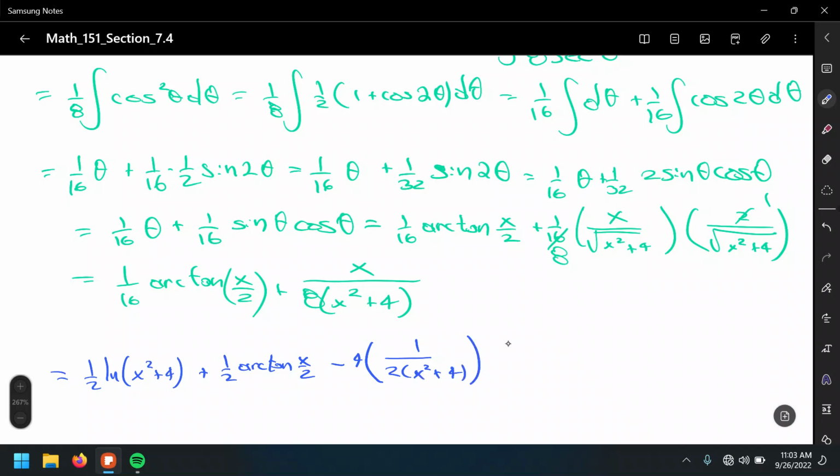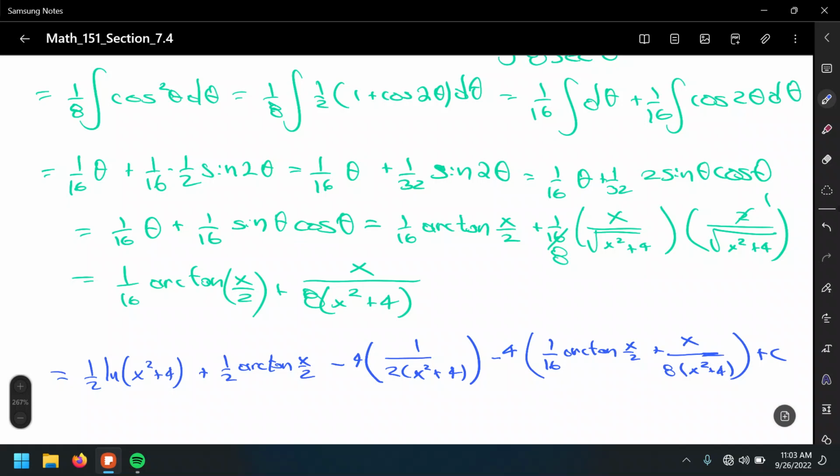And finally, -4 times the result of what we got for the last integral, the one where we used a trigonometric substitution, which is these two terms right here. So 1/16 arctan of x over 2 plus x over 8 over x squared plus 4. And then this is the part where we put the plus c.